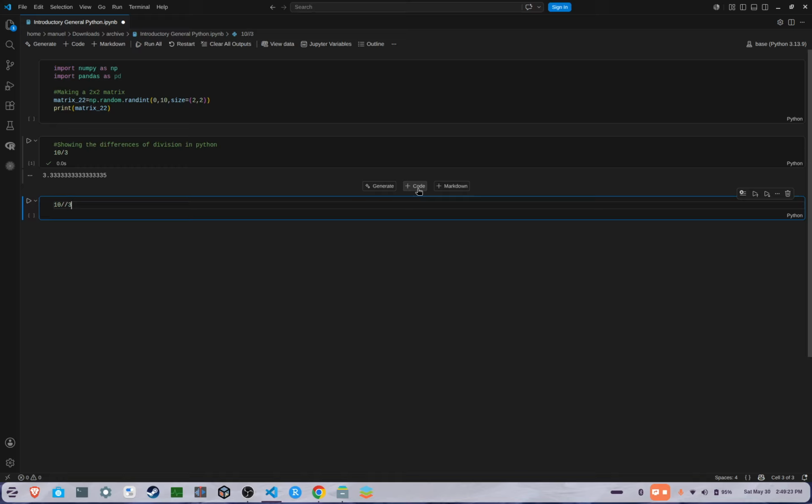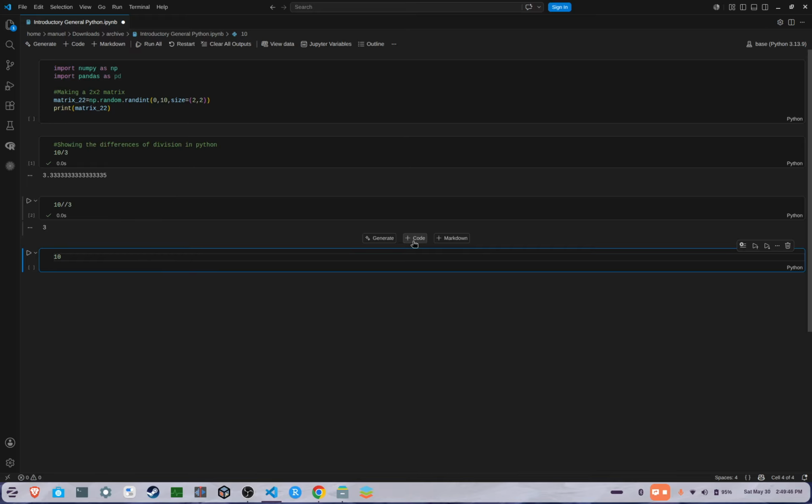We see the whole number is the one before the decimal, so we get 3. Now 10 divided by 3: 3 times 3 is 9, a leftover of 1. So if we do division with modulo, it gives us the remainder of that division. Here we go, 1. So 3 times 3 gives us 9 plus the 1, 10.